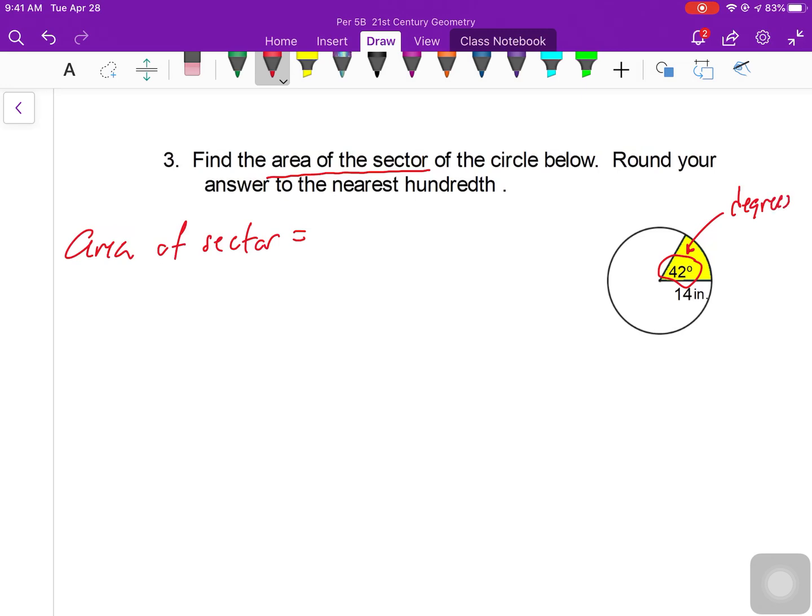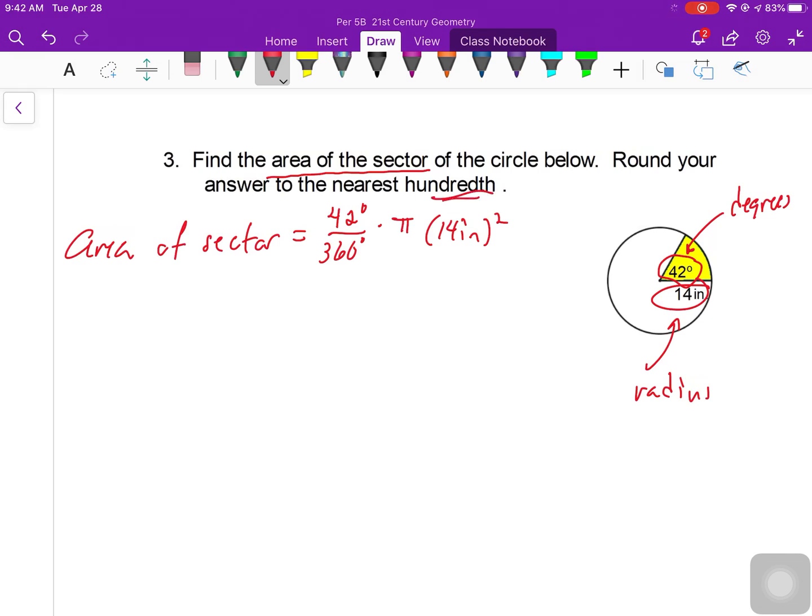So they gave us the degrees, and then they gave us also the radius. To get the fraction of the circle, we would put 42 degrees divided by a full circle, which is 360 degrees, times pi, and then times the radius squared.